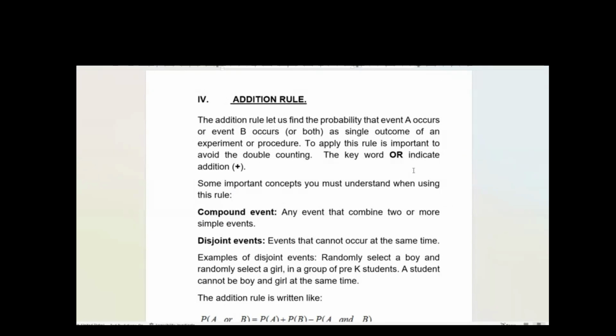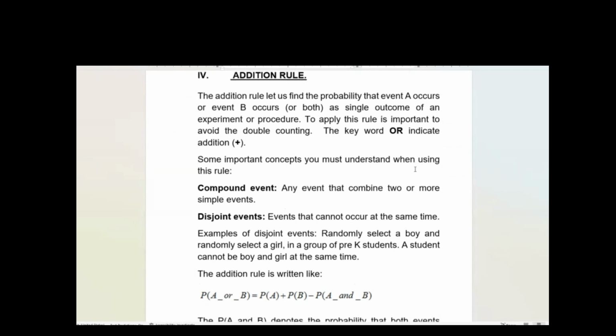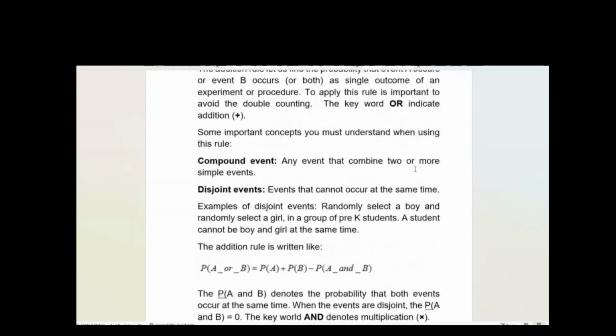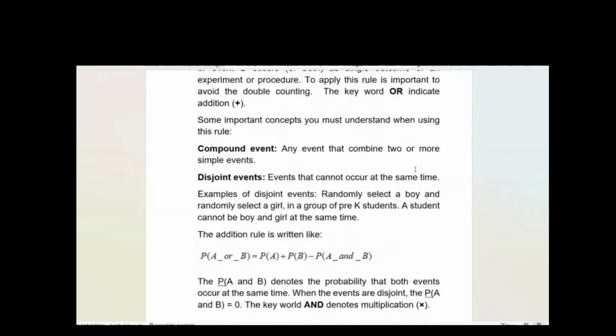An important concept you must understand when using the addition rule is the compound event. Any event that combines two or more simple events is called a compound event. And what are joint events, or events that are mutually exclusive?